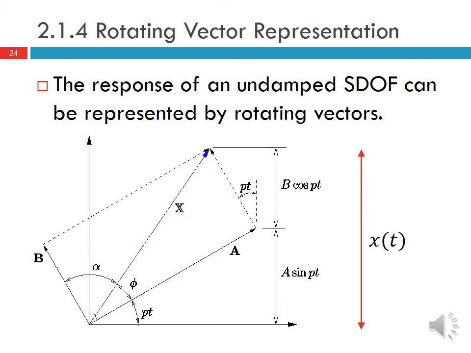Now we can also think of the response of the undamped single degree of freedom system in terms of rotating vectors. So if we consider two vectors with magnitudes a and b that are fixed 90 degrees apart, rotating with an angular velocity of p, as shown here. So these are rotating in this direction with an angular velocity of p.